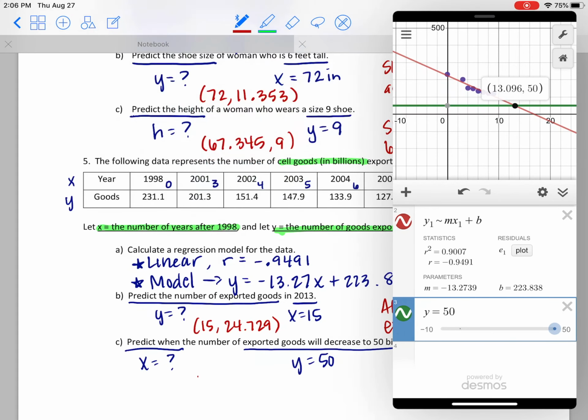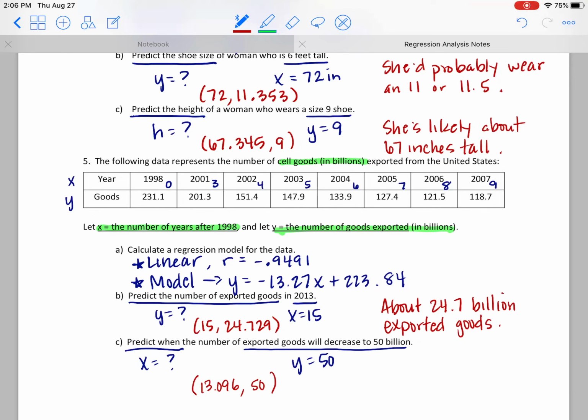So I can see that intersection at 13.096 and 50. Okay, which tells me about 13 years after 1998. 13 years after 1998, or in the year, what year would that be? 13 years after 1998.